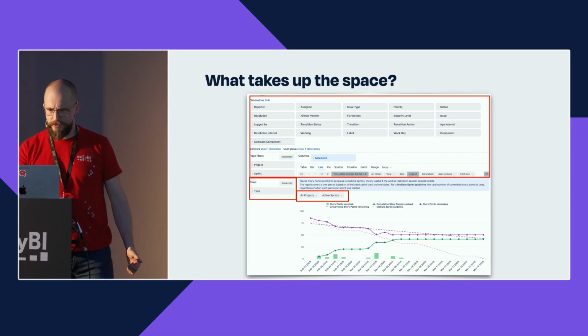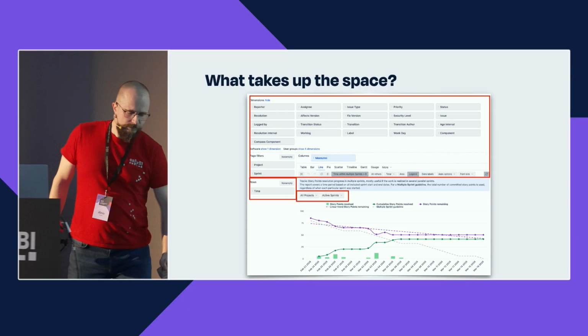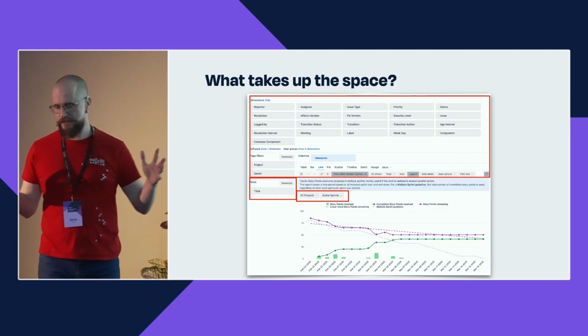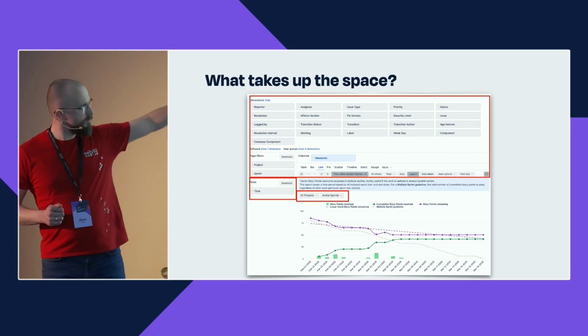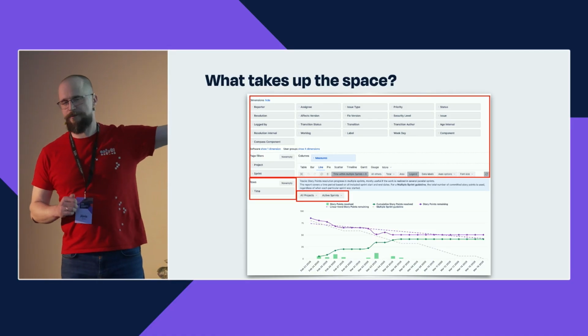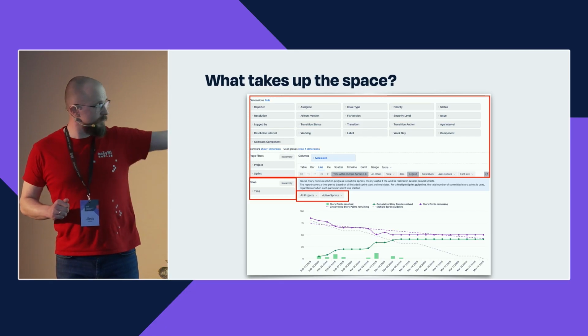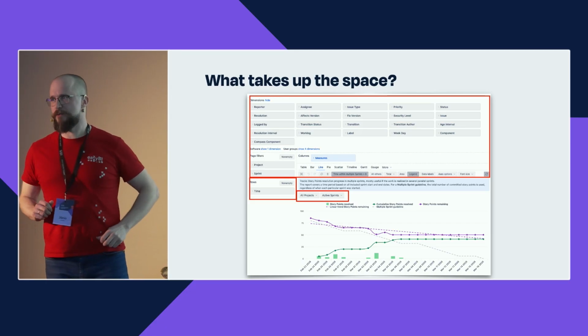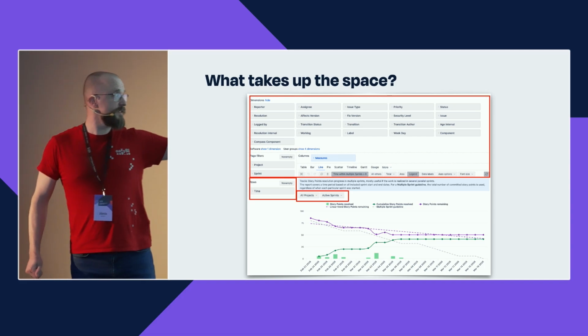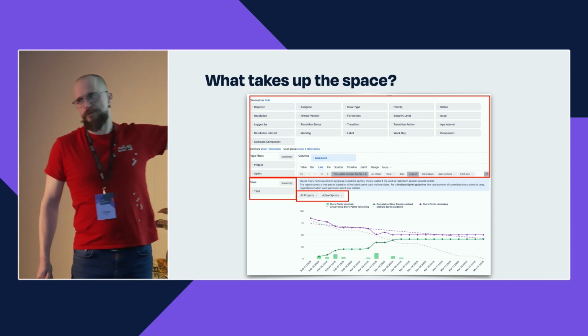How does it look visually? Well, what is on your screen? What takes up your screen real estate? This, in the red, that is part of the process of finding things. And that tiny part at the bottom, that's the result. And here we can see, well, we are mostly about the process here.